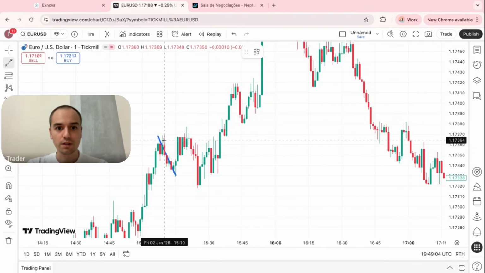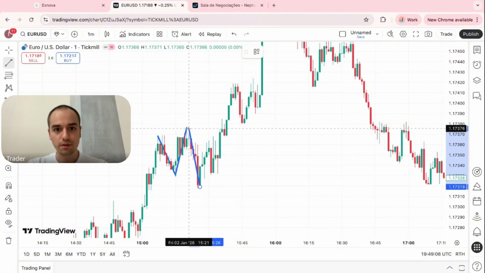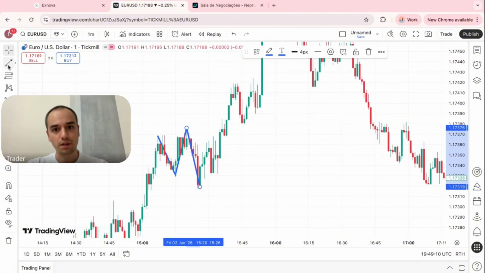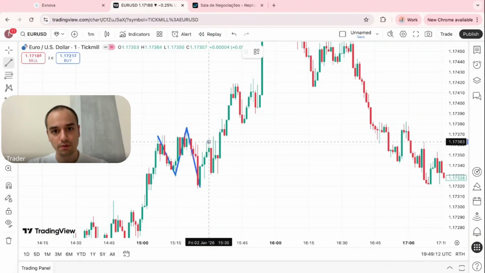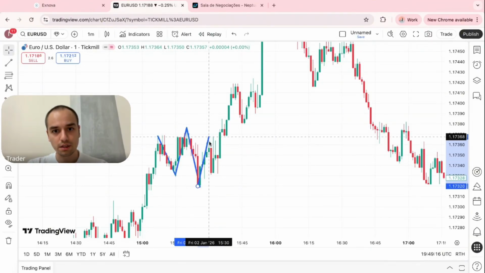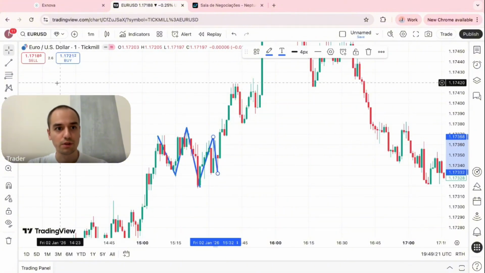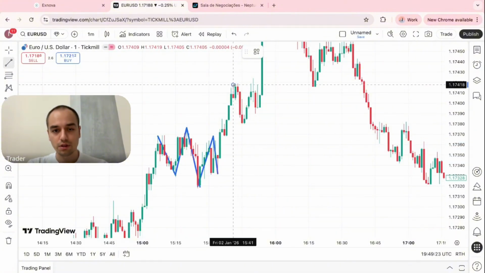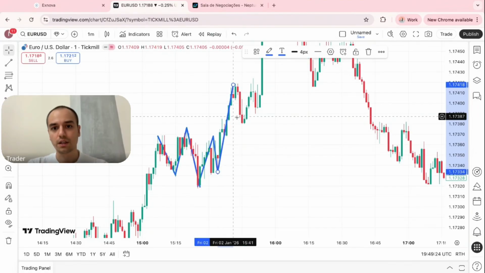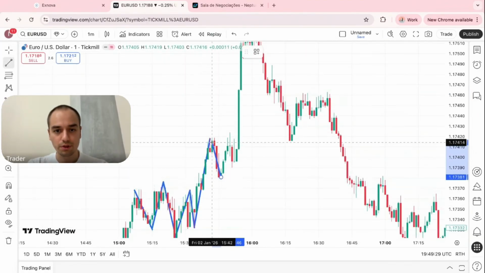That's where we would have, as you can see, continuously higher highs and higher lows. So we can clearly see the uptrend, upward going structure.